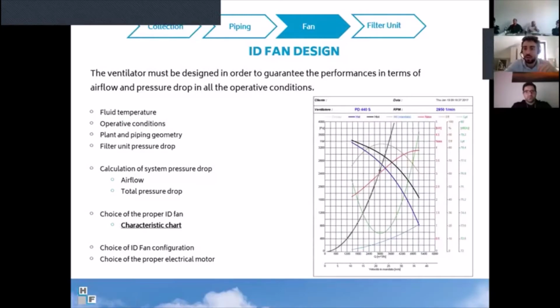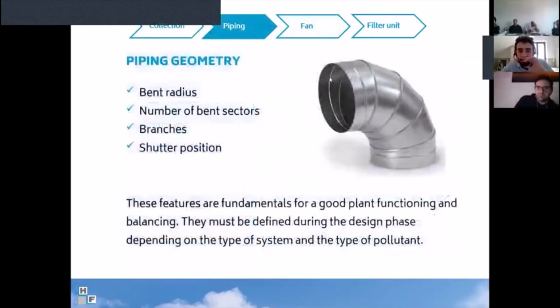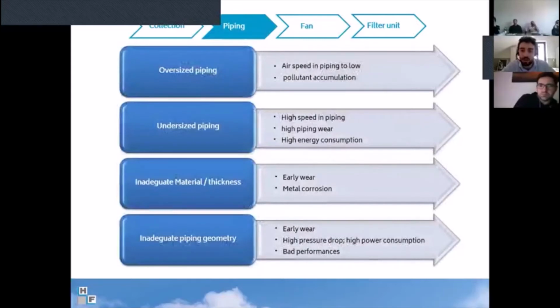Okay. In the earlier page, please. In the piping page. Okay, just a second. Back. Yeah, here, stop. No, one ahead. This one. Yes. What do you mean with early wear in indicate material thickness?